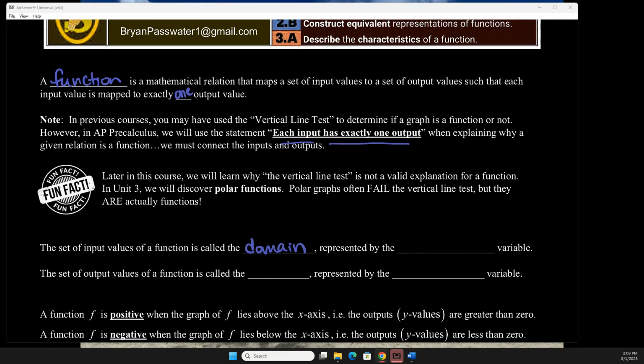Well, not always. But the output depends on what you put in. So do you guys know what the output values are called? Range. And it is represented by the dependent variable.